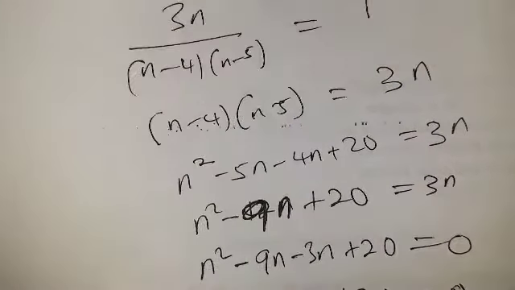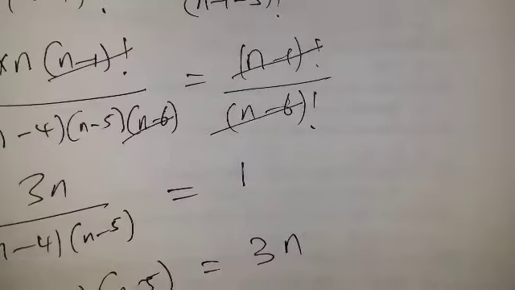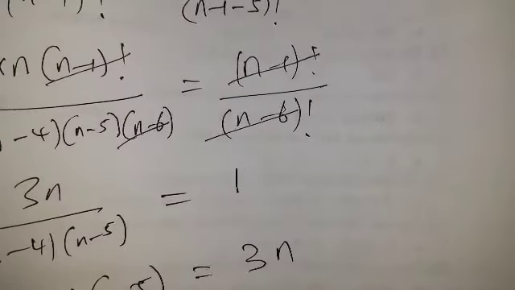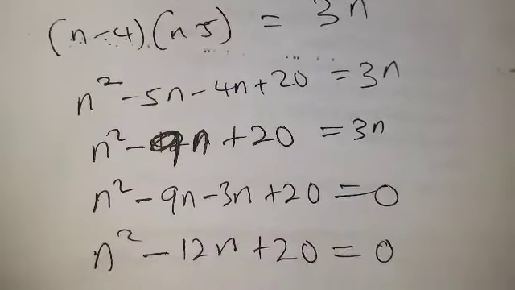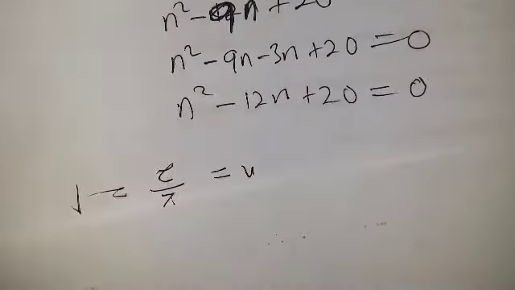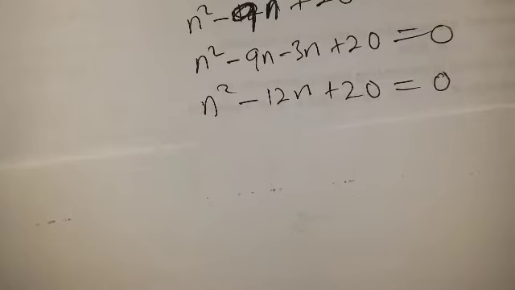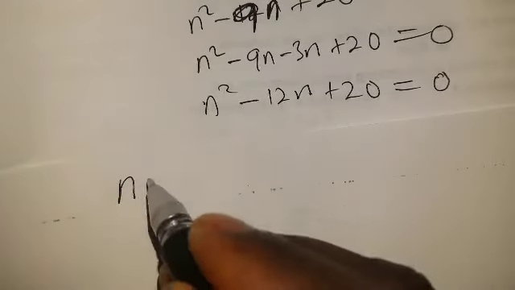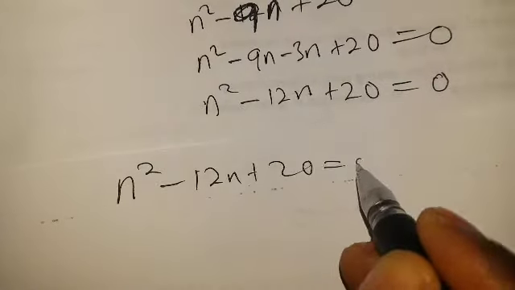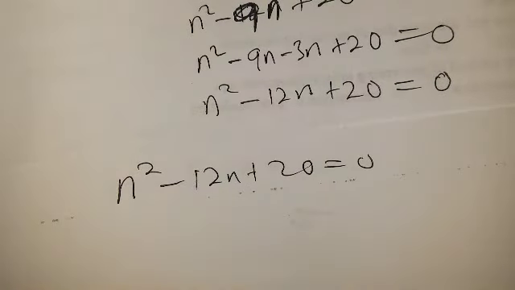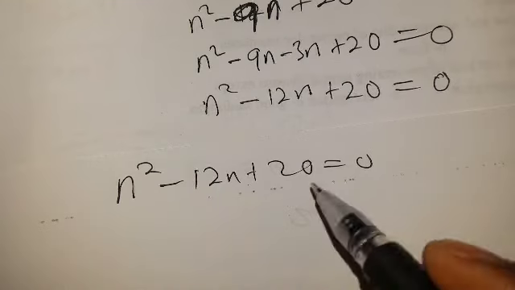So from here we are going to see how we can factorize the equation. If you have n squared minus 12n plus 20 equals 0, you look for the factors of this, that is the last term.